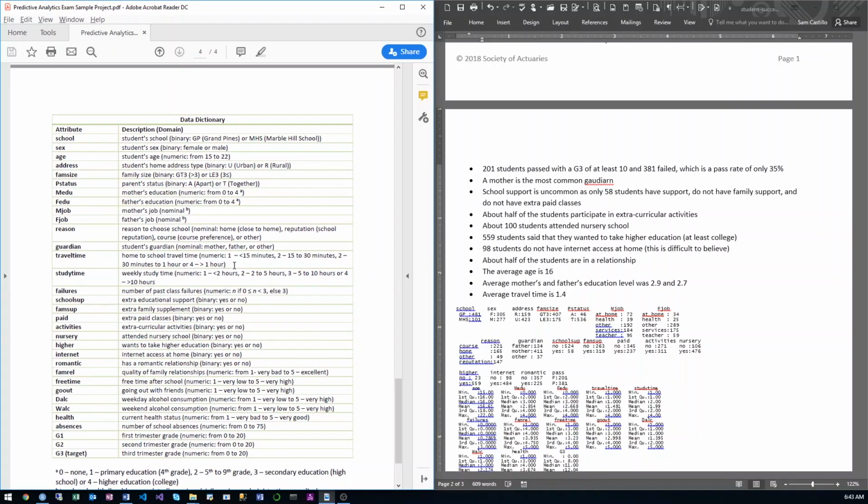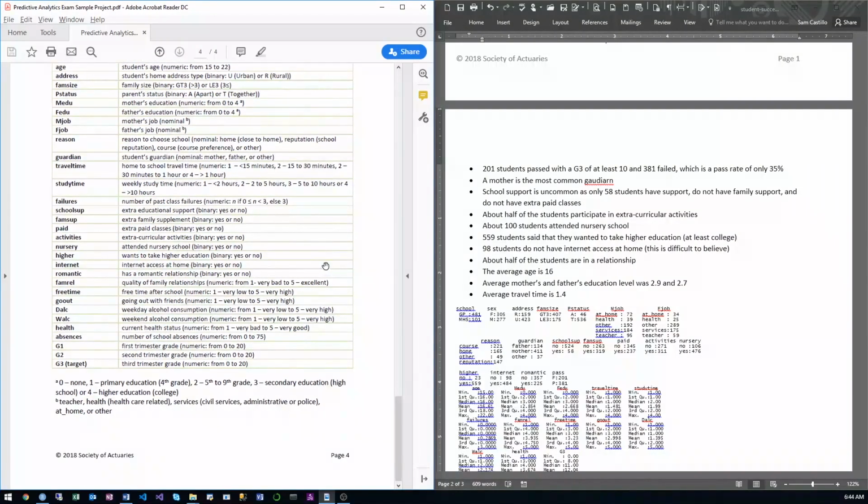If they were out of order, then they could not be used as numeric. They would have to be used as a factor. But because they're in an increasing order, it will work to use them as a numeric value.